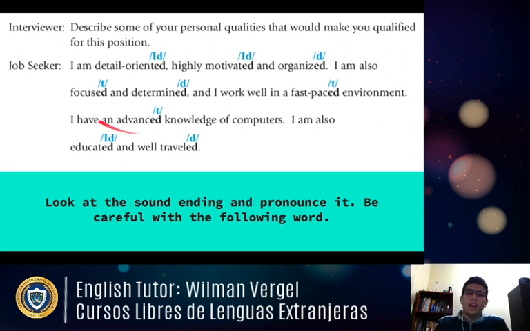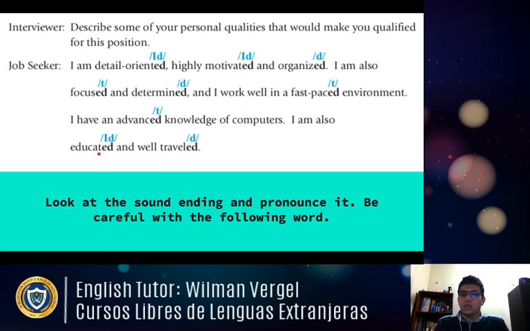I'm also educated. So in this case, this verb ends in T, so we need to pronounce educated. Teacher, why aren't you pronouncing the T in educated? Because you know that in American English we have a vowel here, so this T becomes an R sound.